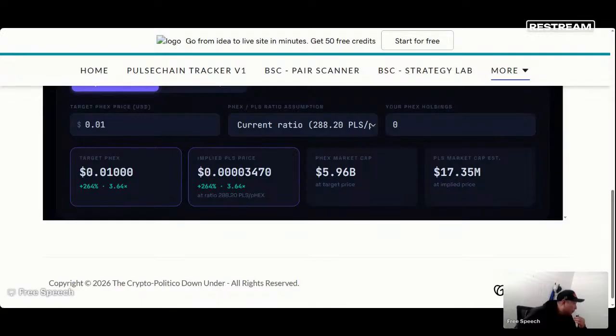But what would happen with the actual tokens that we are holding? Let's have a look. The PX, Pulse, price entry, current prices, say what's going up here.